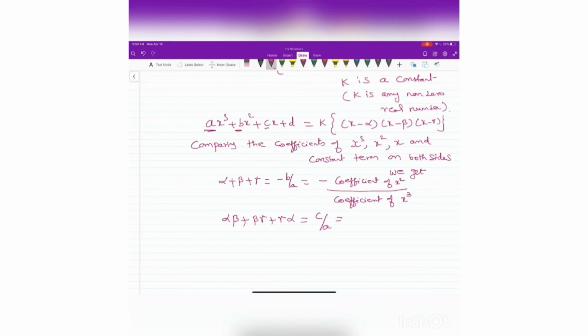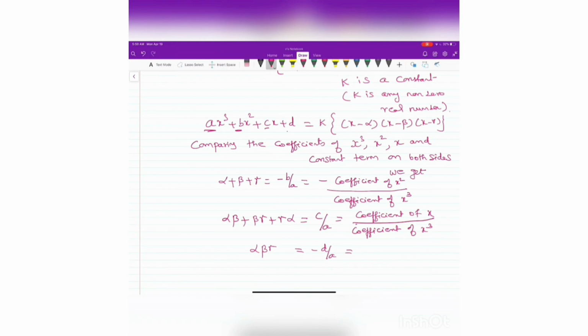C is coefficient of x. So, coefficient of x by coefficient of x cube. Then alpha beta gamma will be minus d by a.